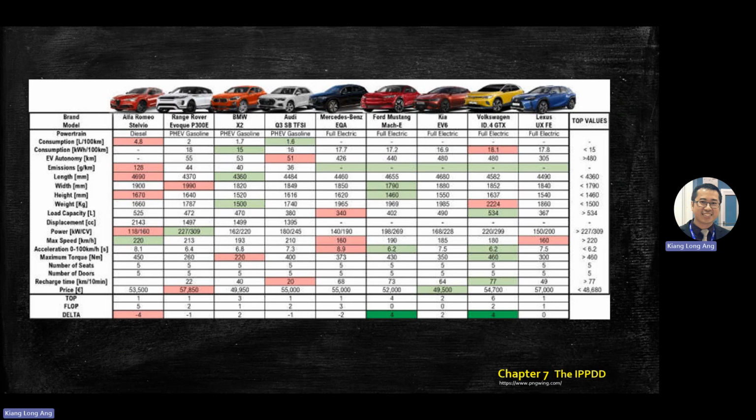So you have a model here with a photo, then all the parameters that are different, and the high one and the low one in the same category. For example, consumption, Alfa Romeo 4.8 liters per 100 kilometers, Audi only 1.6, and others you don't have values, and so on.